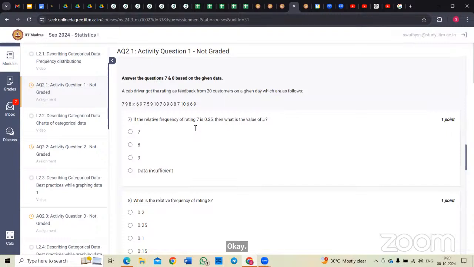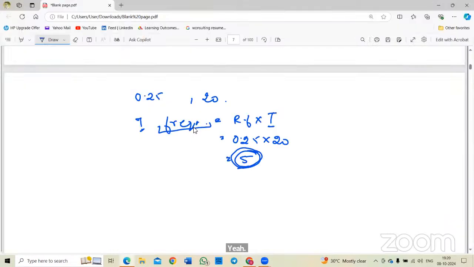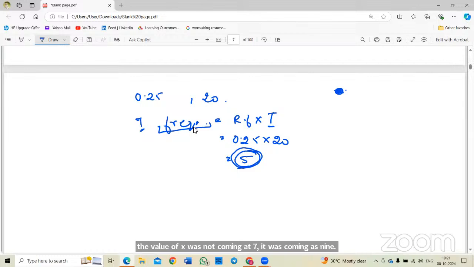I did it like 7 by 19 plus x equal to 0.25. But the value of x was not coming as 7, it was coming as 9. Ma'am, is it fine if you please explain this one more time? I think it will become more clear to me.